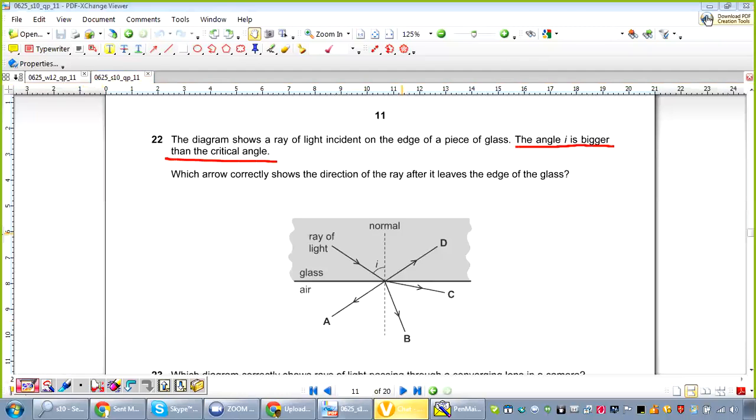So what's going to happen? So C. Total internal reflection. Okay, you should always read this part. You should always consider critical angle. If it is more than that, then total internal reflection will take place.